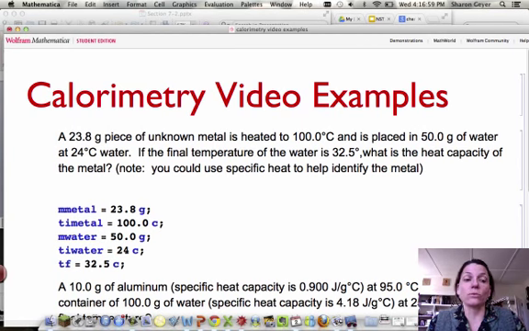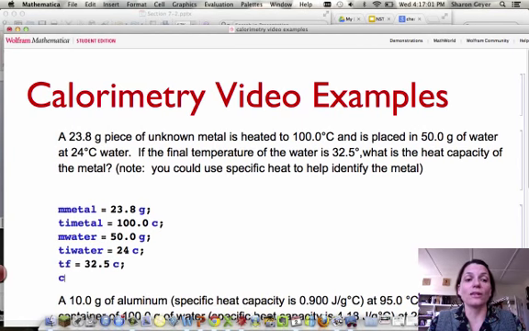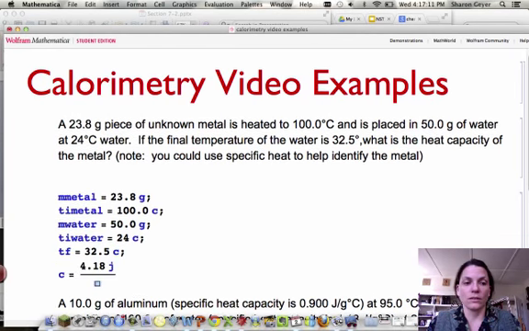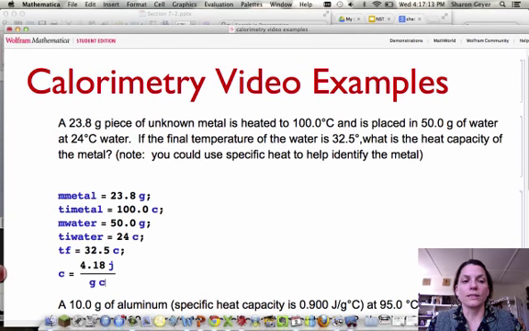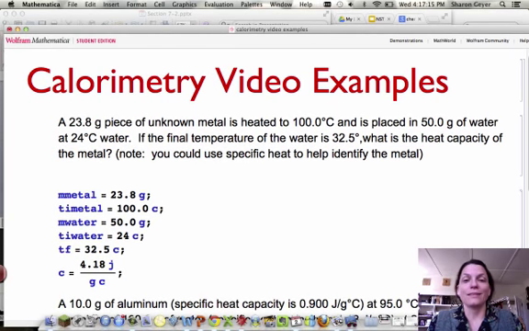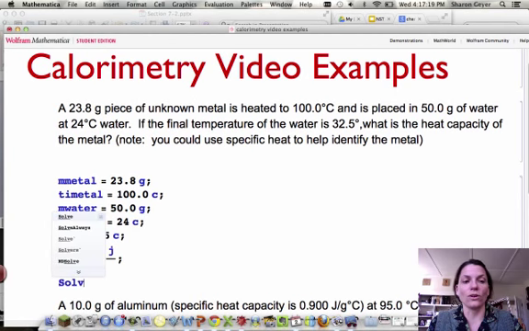And the specific heat of the metal, we don't know, but we do know the specific heat of water, 4.18, and the units are joules per gram degree Celsius. That's all we need to know. Now we're just going to write it out, plug it in, and solve.